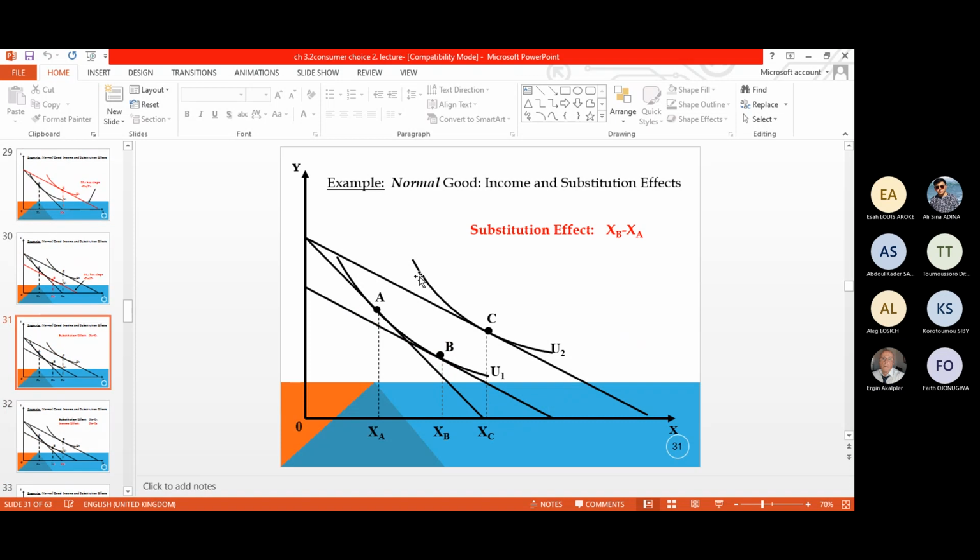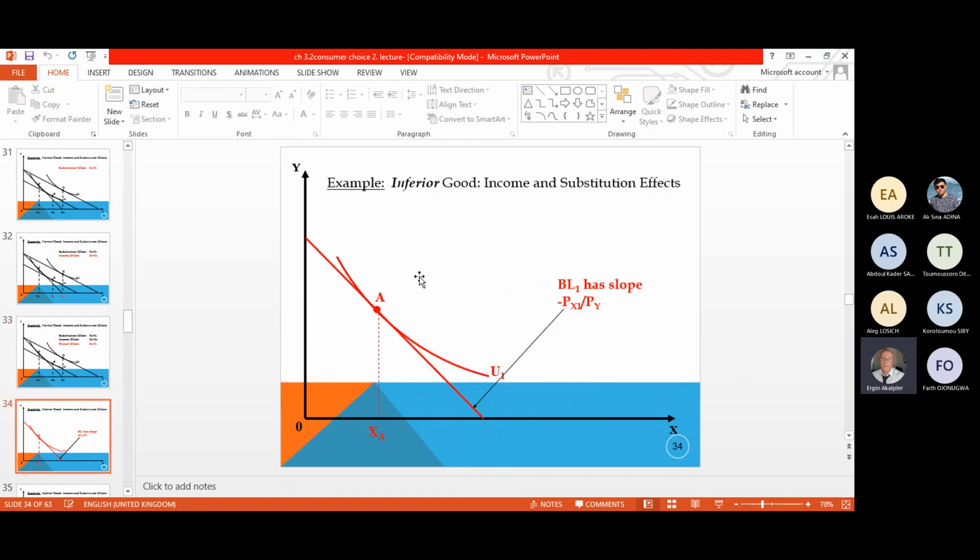The substitution effect here is represented by XB minus XA, because we are substituting from A to B, and the income effect is from XC to XB, because you are reducing your income to B. This causes a little reduction to bring it to the same utility level. And the overall effect is XC minus XA, the whole change which results from this income and substitution effect.